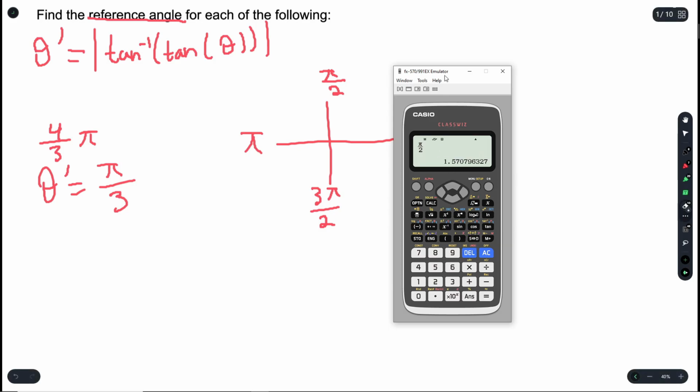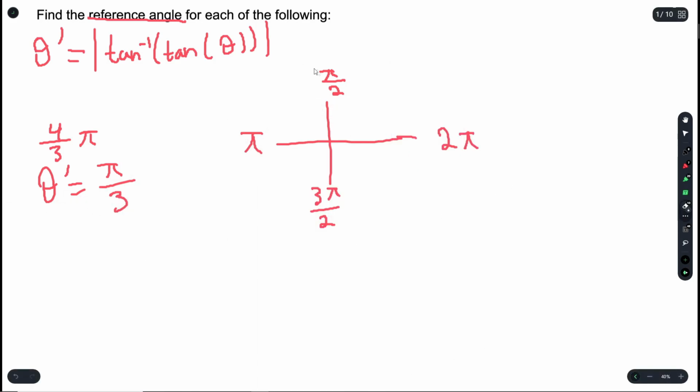would equal 1.57. So I'll just replace pi over 2 by 1.57. Pi is already 3.14.